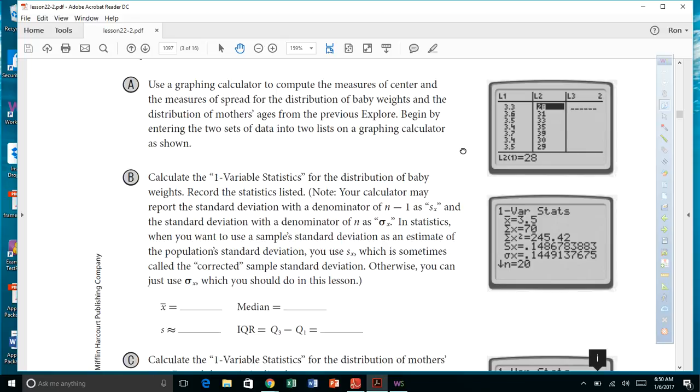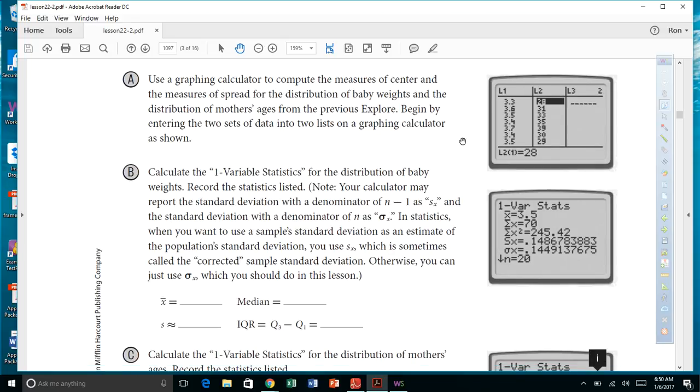Using a graphing calculator to compute the measures of center and the measures of spread for the distribution of baby weights and the distribution of mother ages from the previous explorer, begin by entering the two sets of data into lists on a graphing calculator. So we're going to do baby weights and mother's ages.